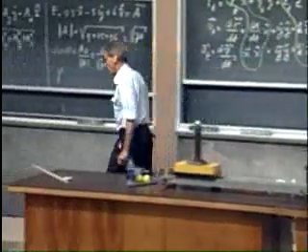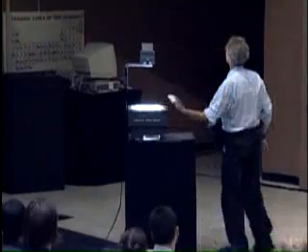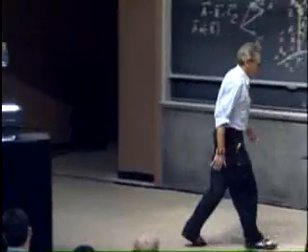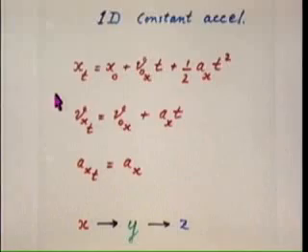We know the equations so well from our last lecture, from one-dimensional motion with a constant acceleration. The first line tells you what the x position is as a function of time. The index t tells you that it's changing with time. It is the position at t equals 0 plus the velocity at t equals 0 times t plus 1/2 a_x t squared, if there is an acceleration in the x direction.